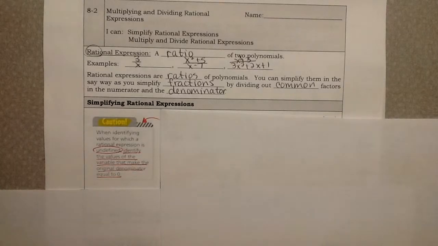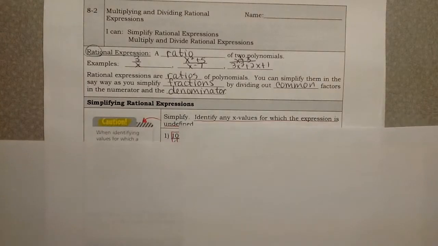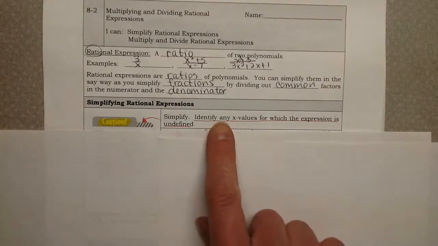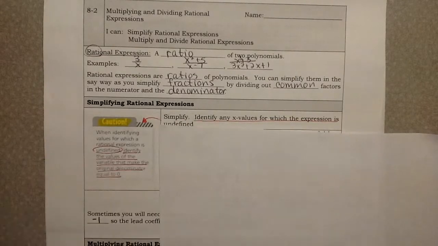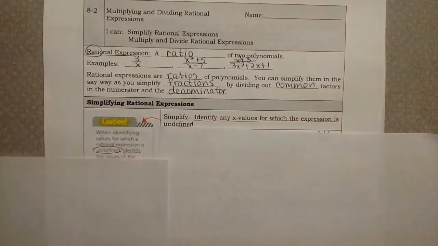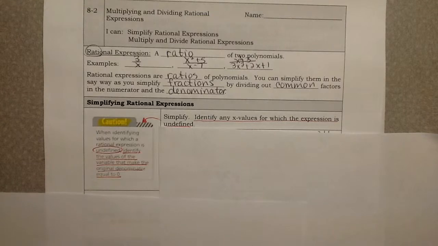So we're going to start out as we're simplifying. We're going to check values for x that make the denominator undefined. Okay, so we're going to simplify, and I underline this, identify any x values for which the expression is undefined. And that is what we're talking about right over here to the left.